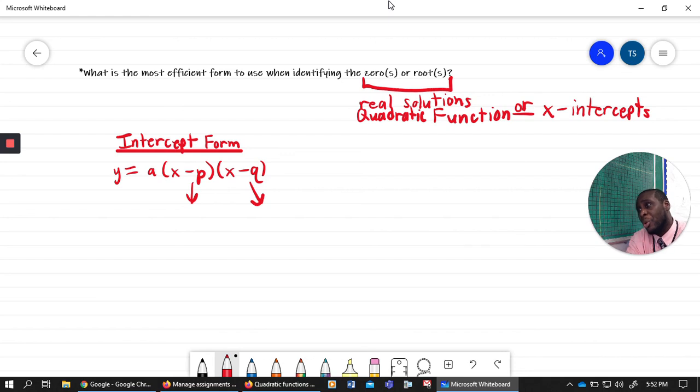And again, folks, remember that you're going to use the opposite sign for both of them. Okay.